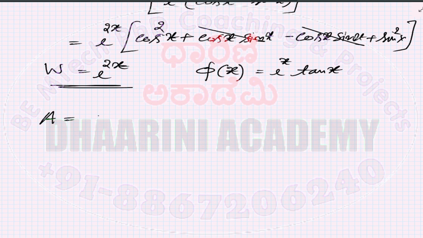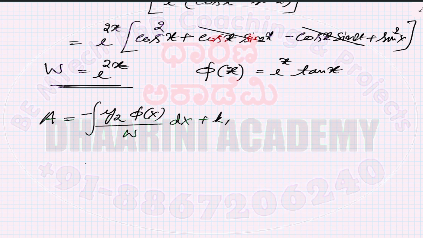So to find a, this is negative integral of y2 phi of x whole divided by w dx plus k1.